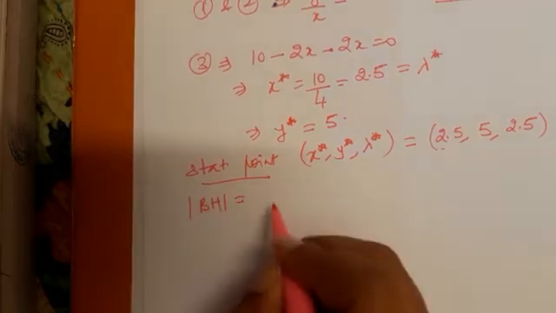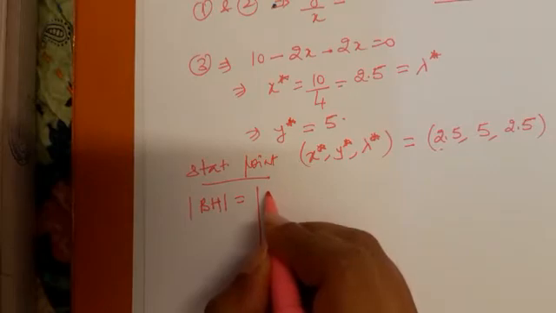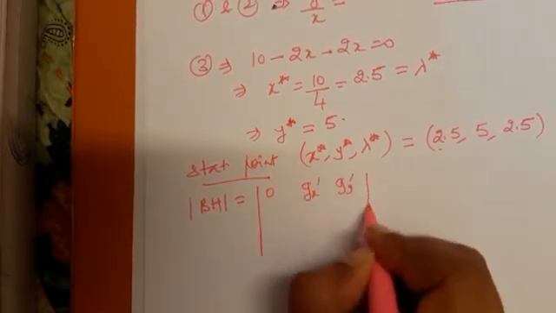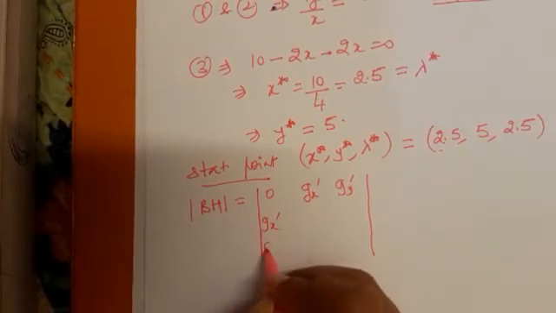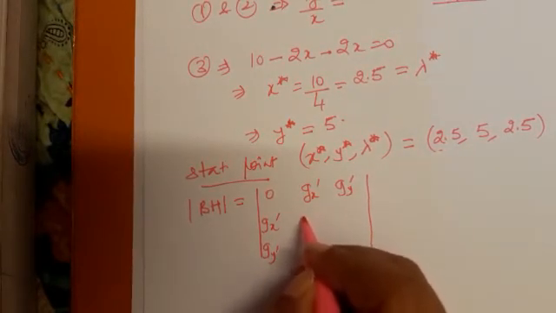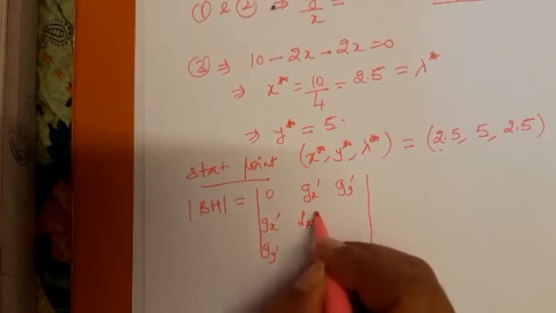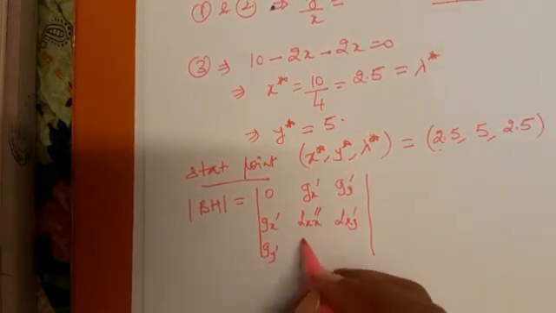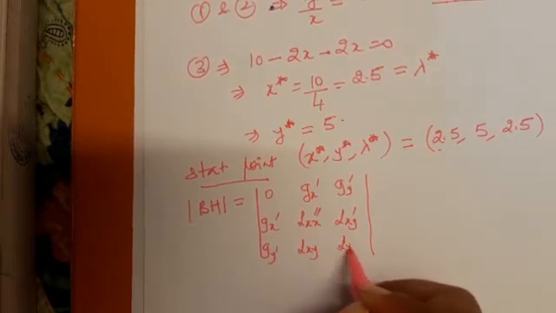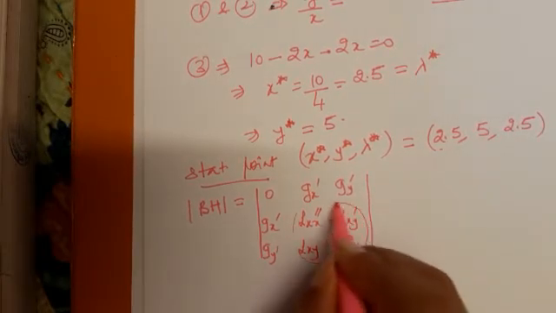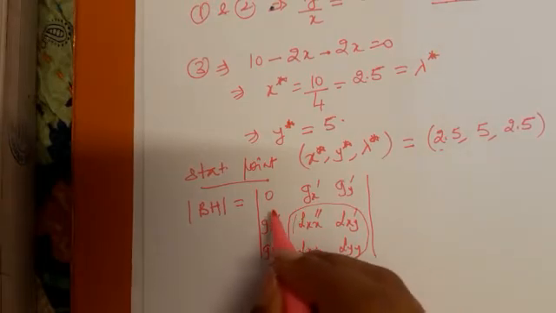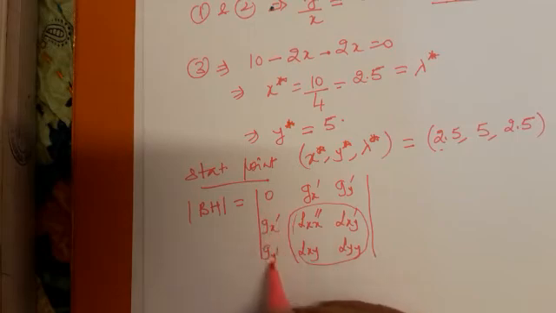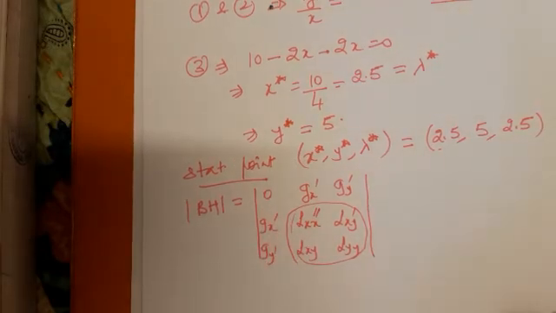Now the bordered Hessian determinant is given by, if you remember the formula, 0, g sub x, g sub y, g sub x, g sub y, and then the standard Hessian kind of a matrix inside, Lxx, Lxy, Lxy, Lyy. So basically this is like your Hessian in the chapter 17 framework, which is bordered by this 0, g sub x, g sub y. That's why it's called the bordered Hessian.